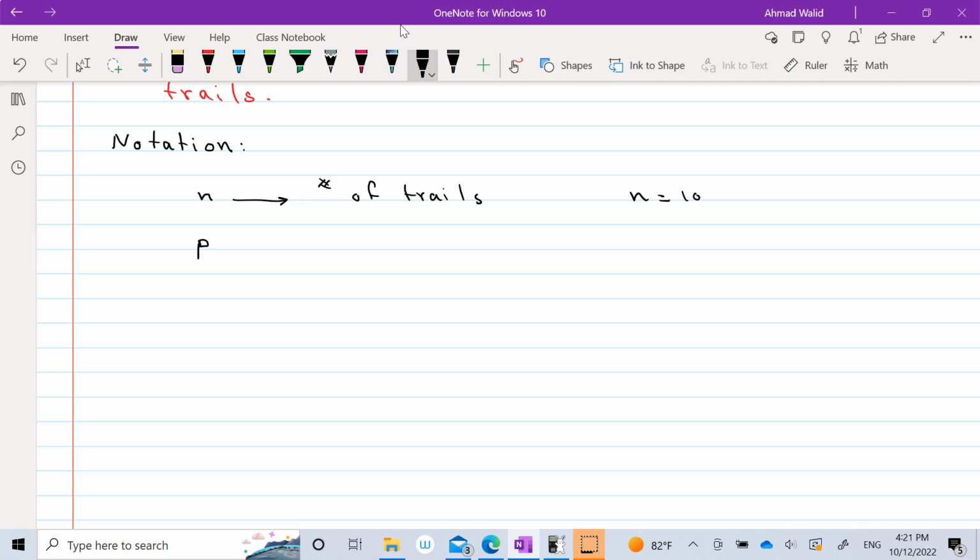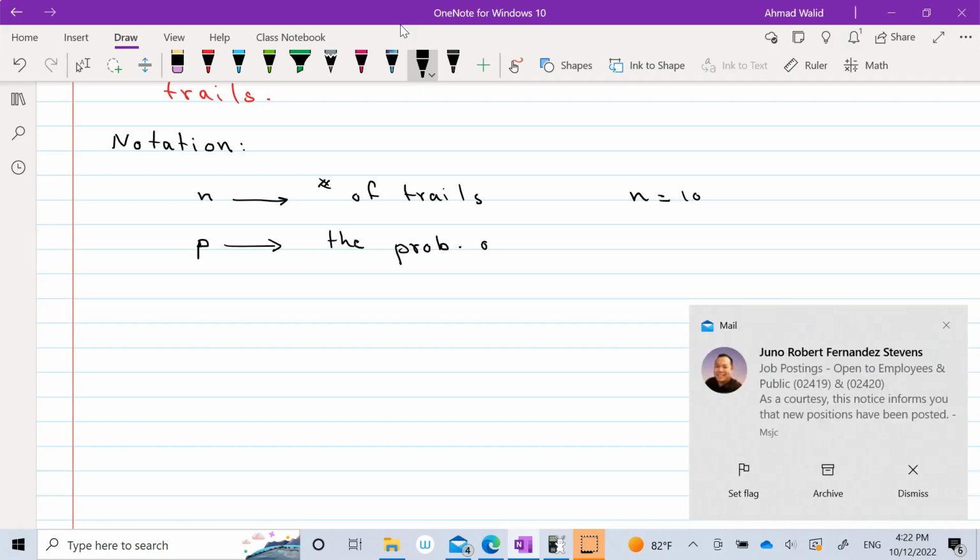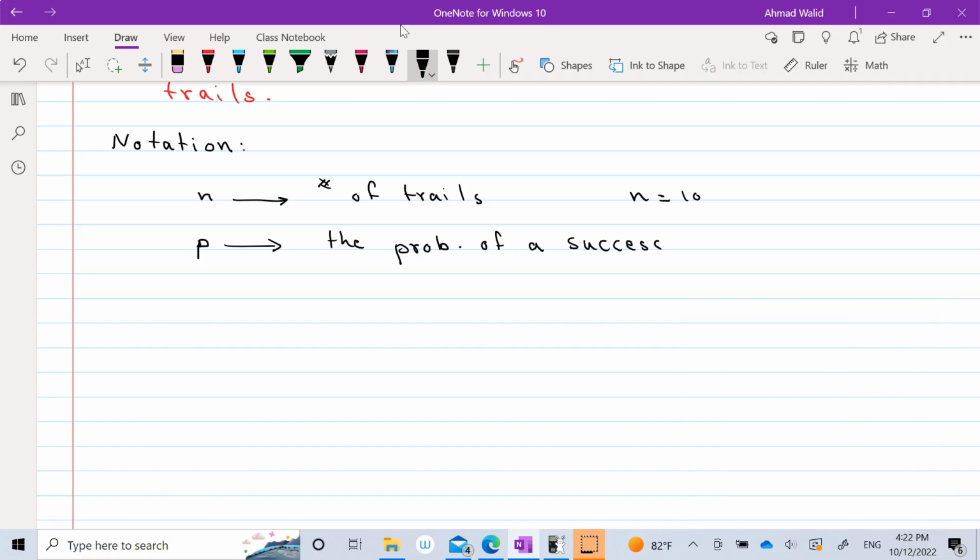Lowercase p, not uppercase, lowercase p. The probability of a successful outcome in a single try.